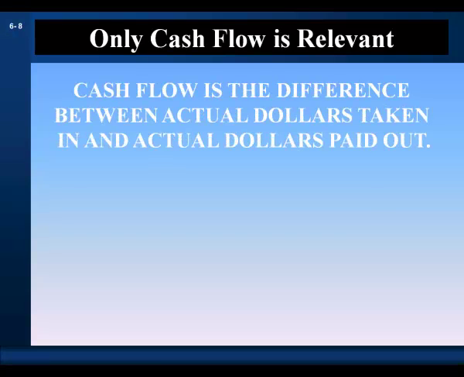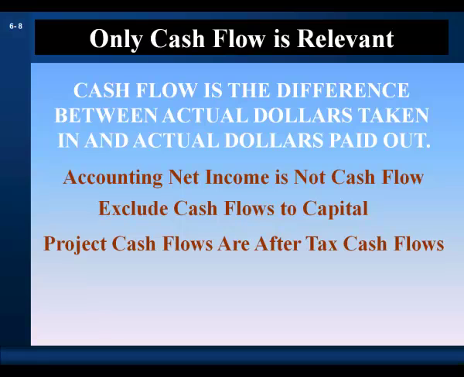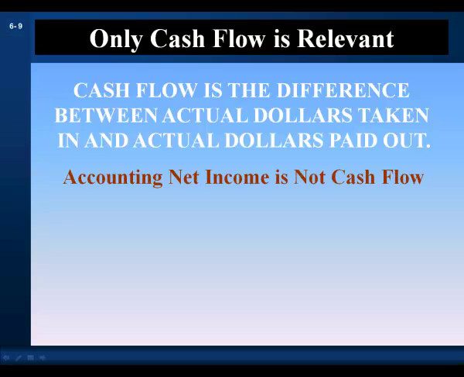Cash flow is the difference between actual dollars taken in and actual dollars paid out when they occur in time. In calculating the relevant cash flows of a project, the following must be taken into consideration. Recall that accounting net income is not cash flow.